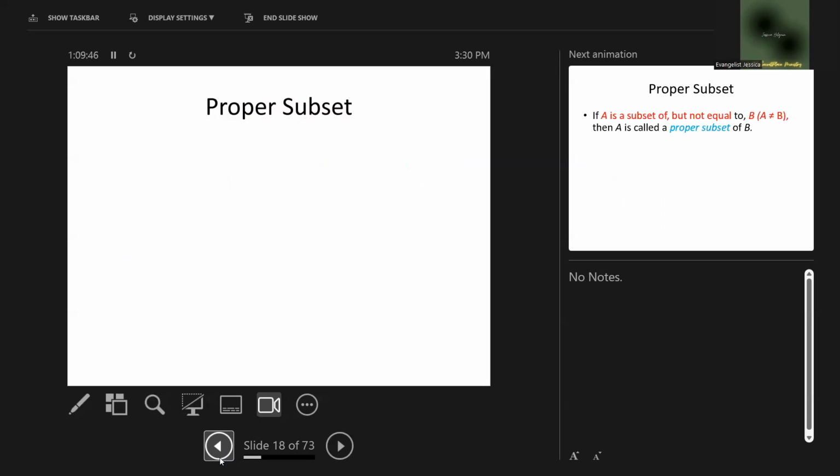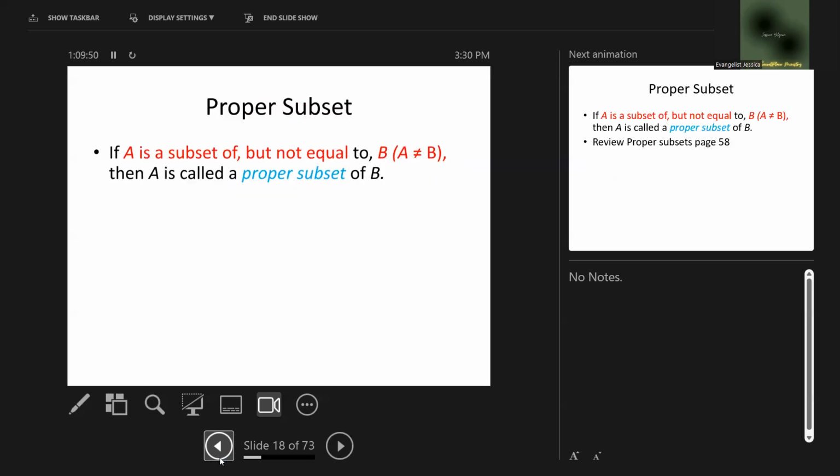Now, we have something else called proper subset. If set A is a subset of set B, but not equal to it, then it's called a proper subset.